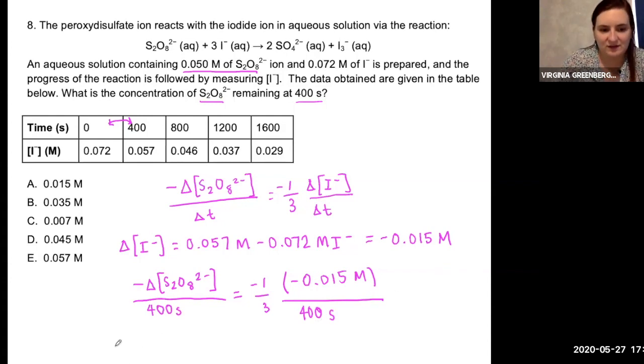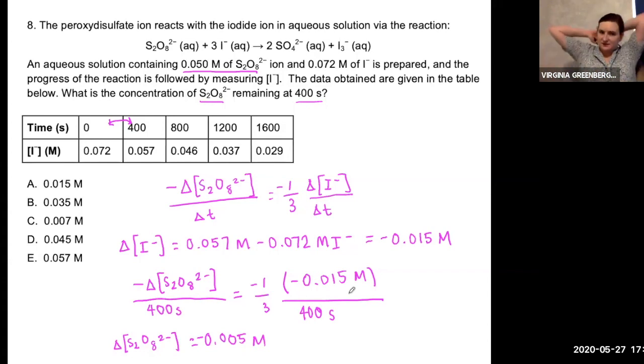And so what I'm going to see is that my change in S2O8 2- is going to be equal to negative 0.005 molar. It's going away. This is the reactants, so we do expect the concentration to go down.